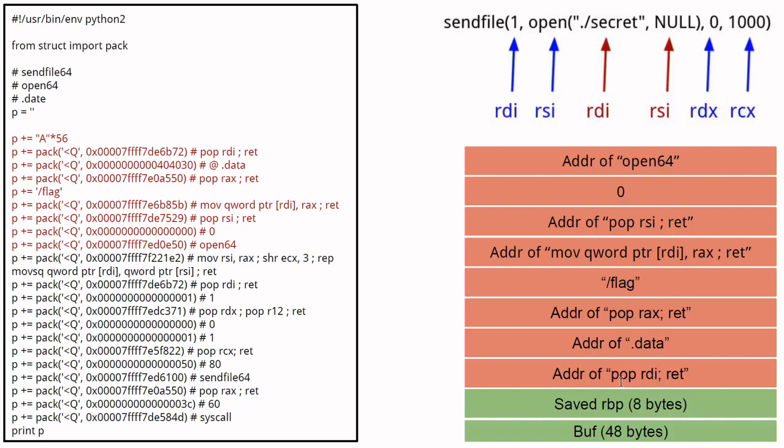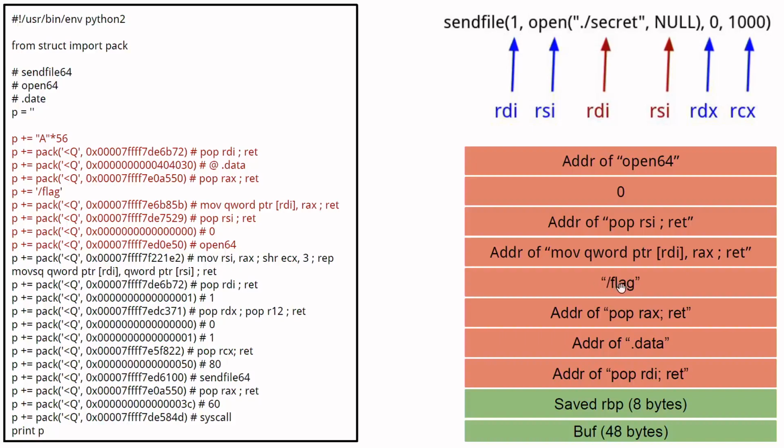So for the first step, I find a writable memory location, and I use the .data section because in the address space, the .data section is readable and writable, right? Even though there could be some important data, I don't care about that data. I just find that address, and I'm going to save that address into the register RDI. Next, we put a string /flag here.